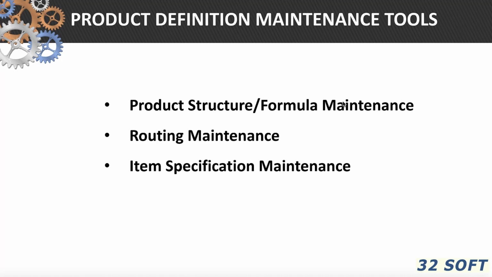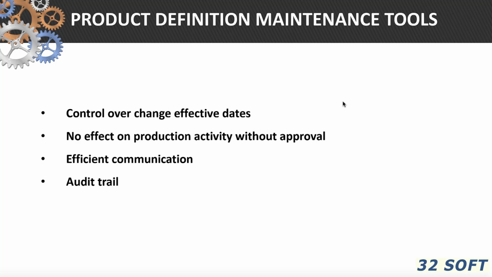However, if you need to have a better control over the changes' effective dates, make sure they do not affect production activity until approved, communicated to all players involved, and have an audit trail. The better way would be to use Product Change Control module in QED, or in short, PCC.